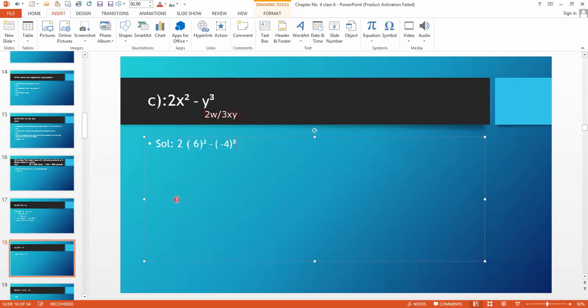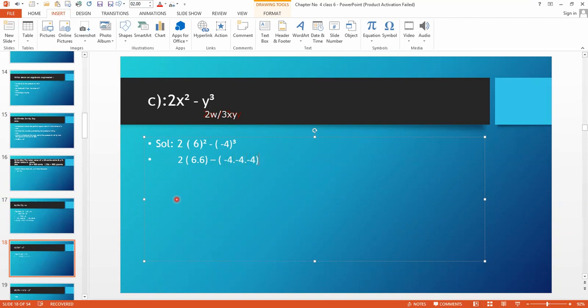Okay. Now we move towards the next step. Very easy. First, we have to solve these brackets. So in the bracket, they have written 6 here. This means 6 multiplied by 6. Okay. So we have to subtract it with, now we move towards the next step. Here they have written minus 4 multiplied by minus 4 multiplied by minus 4.